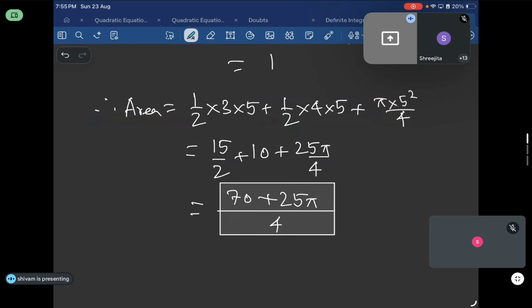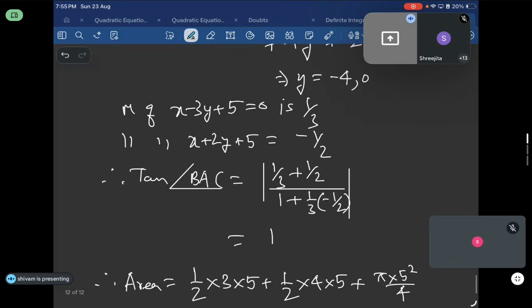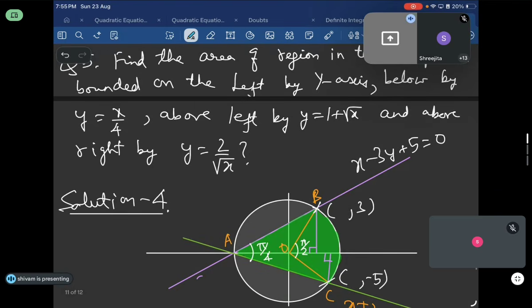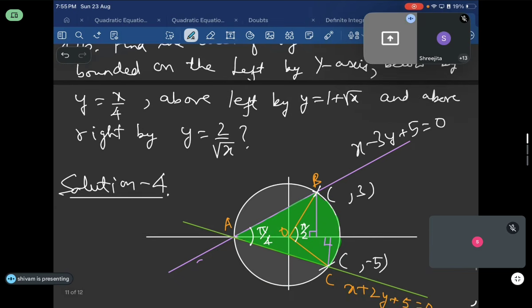Somehow the angle is good. Something like bad angle. Actually, look at the options. If the options are bad, that means the angle is also going to come as bad. Okay, then I would suggest move on to some other question.